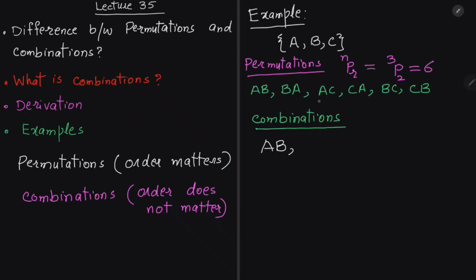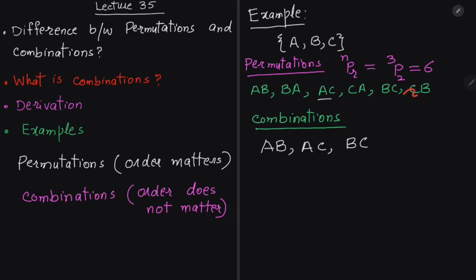Then the second combination is AC. And then the last combination is BC. Since AB is equal to BA, it is neglected since it would repeat the object. AC is also equal to CA, since order does not matter.